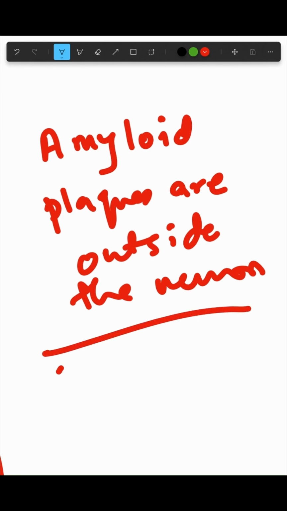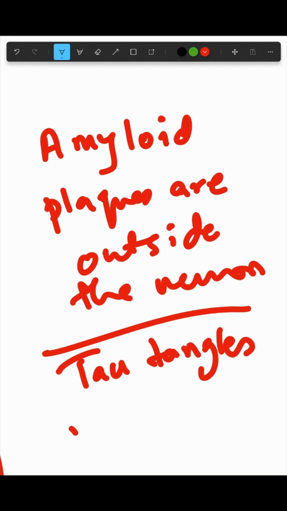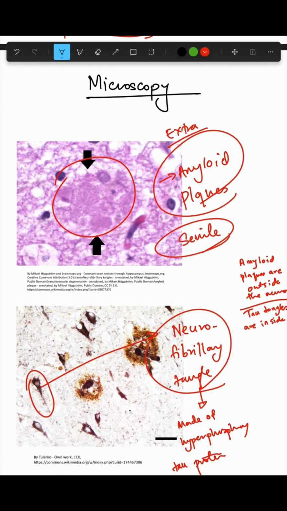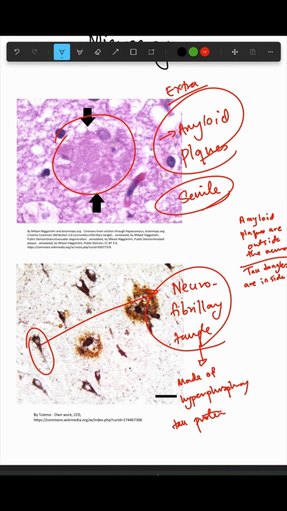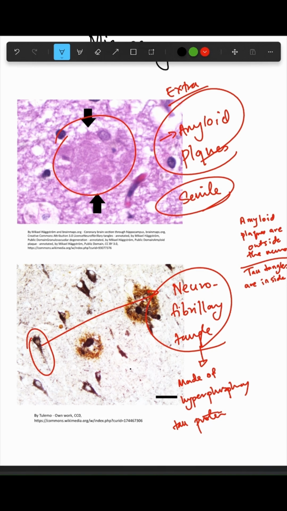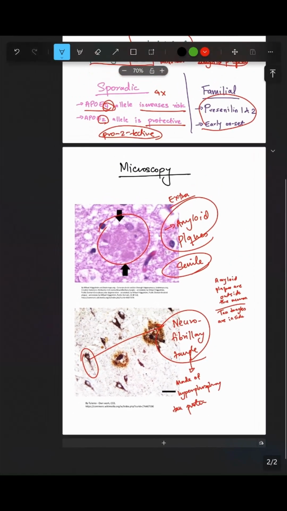And then you say tau tangles are inside. All right. So it's important to know that the number of neurofibrillary tangles correlates with the severity of the dementia. Okay, and that is Alzheimer's disease in a nutshell.